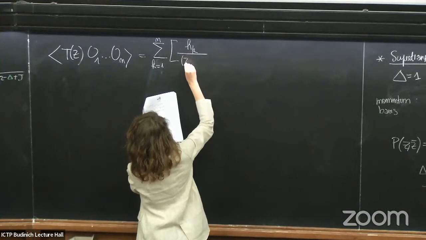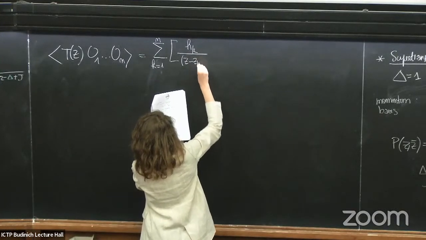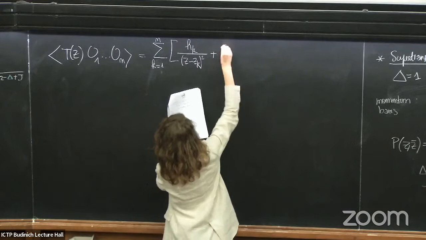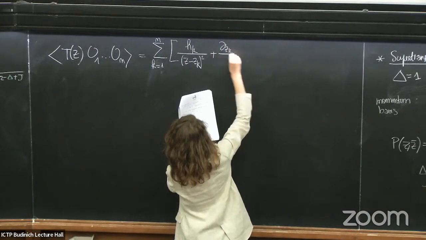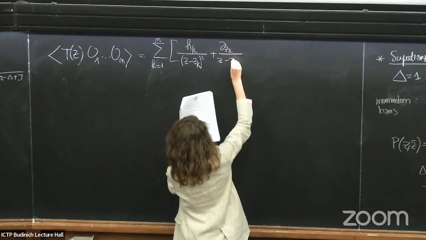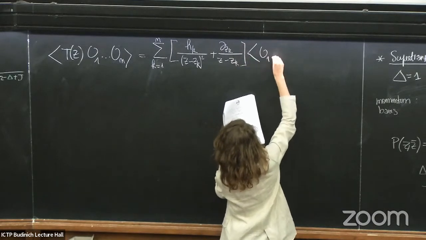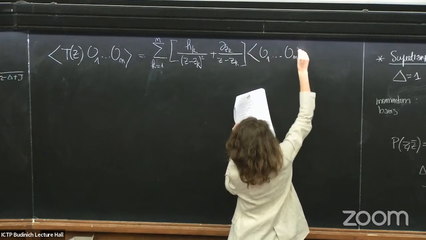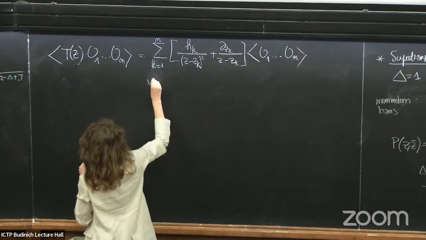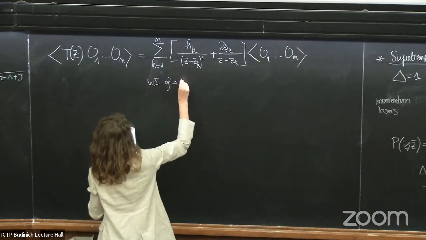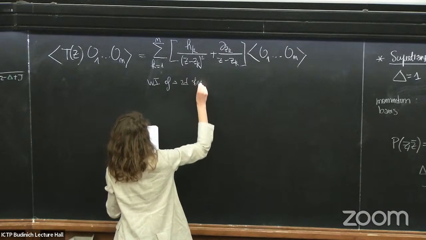Writing it down here for you, you can find it in any CFT book. Okay, so this is the Ward identity of a 2D stress tensor, as it should be.